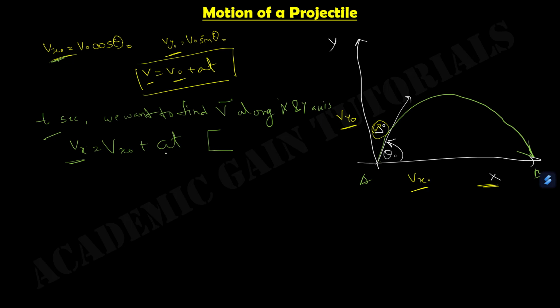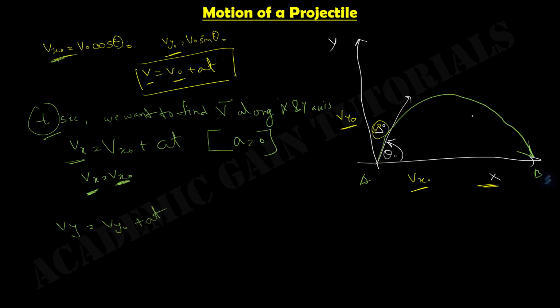So a will be equal to 0. So at the x-axis Vx will be Vx naught. So in the x-axis the initial component is always the same at any given t second.